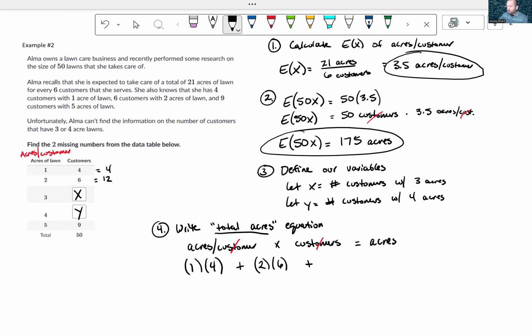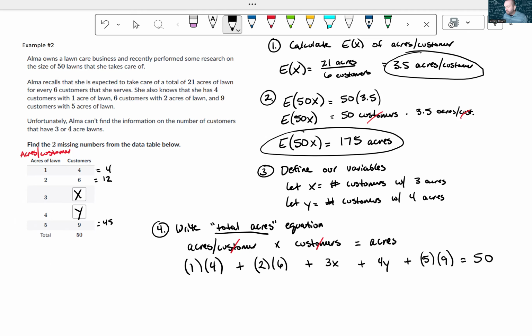And then 3 acres per customer times X customers is 3X, plus 4 acres times Y customers is 4Y, plus 5 acres per customer times 9 customers is going to equal the total acres that we found in step 2 for 50 customers. Okay, let's write that there.